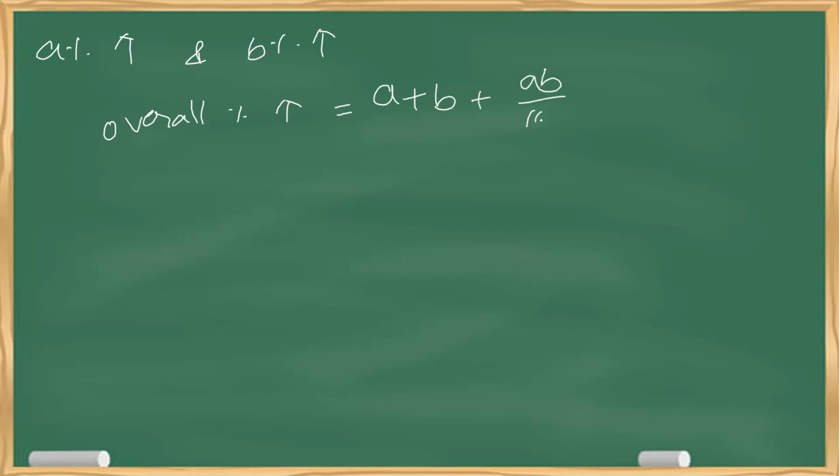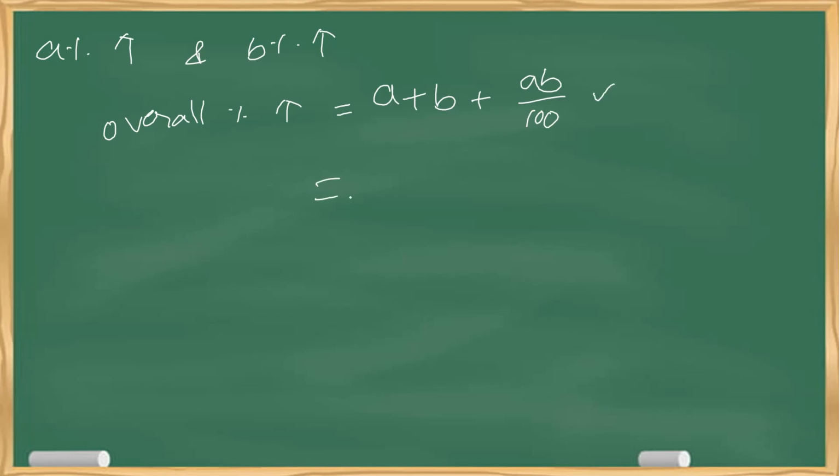So whenever there is a percentage increase and immediately b percentage increase, then overall percentage increased is equal to a plus b plus ab by 100. This is what you need to remember.